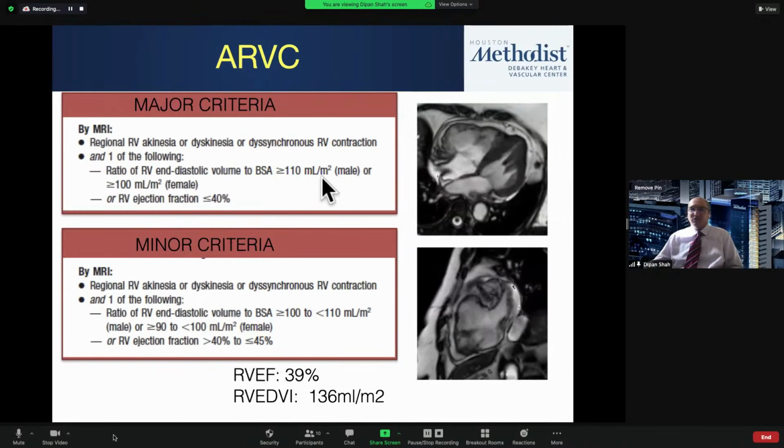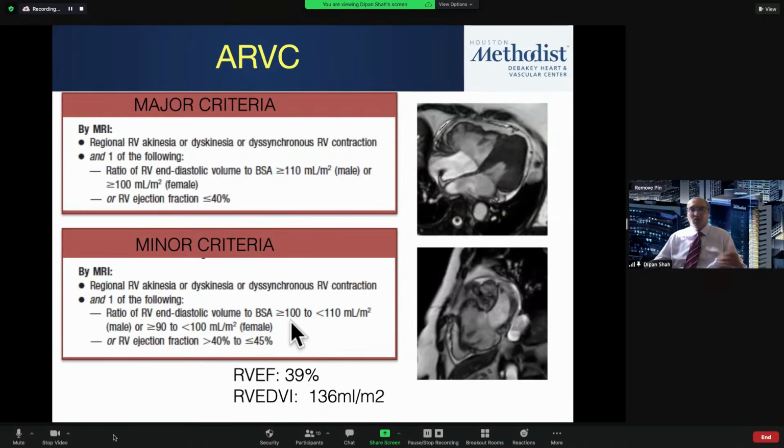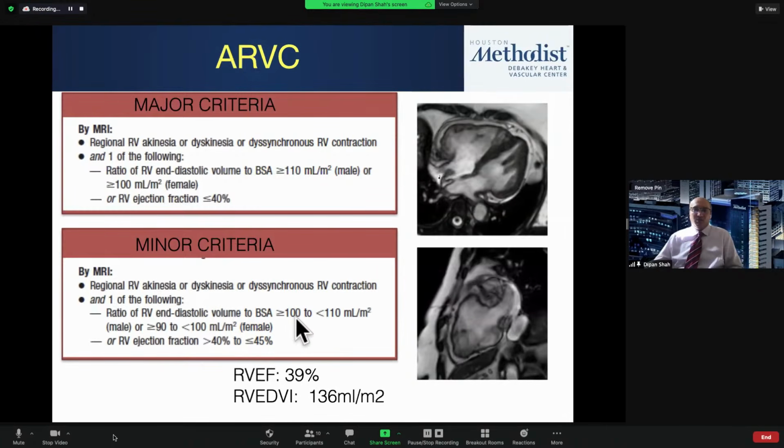The quantitative criteria used are RV end diastolic volume of greater than 110 milliliters per meter squared for men, or greater than 100 milliliters per meter squared for women. So if you have wall motion abnormality and one of these criteria of dilatation or dysfunction, that gives you 1 major criterion for RV dysplasia. And then the minor criteria would be lesser degrees of RV dysfunction or lesser degrees of RV dilatation.